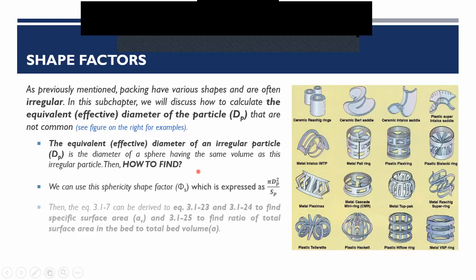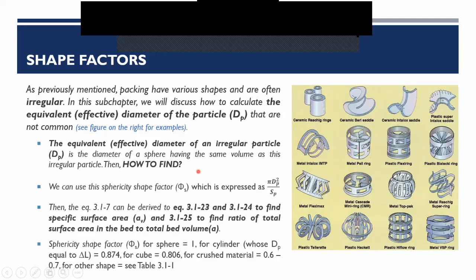Let me open this. Okay, so the effective or equivalent diameter of an irregular particle, dP, is the diameter of a sphere having the same volume as this irregular particle.